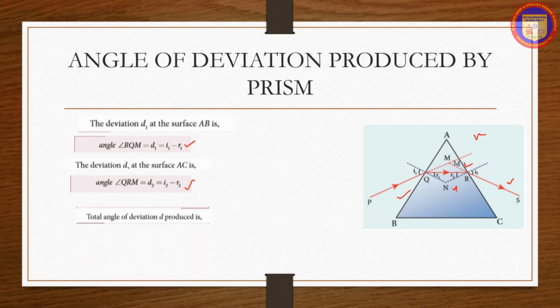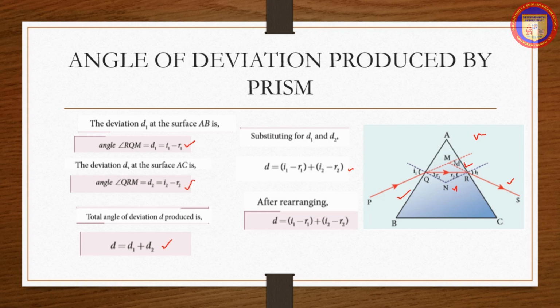The total angle of deviation D produced is, total means we add together, D is equal to D1 plus D2. Substituting for D1 and D2 from the above values, D is equal to I1 minus R1 plus I2 minus R2. After rearranging, D is equal to I1 plus I2 minus R1 plus R2.